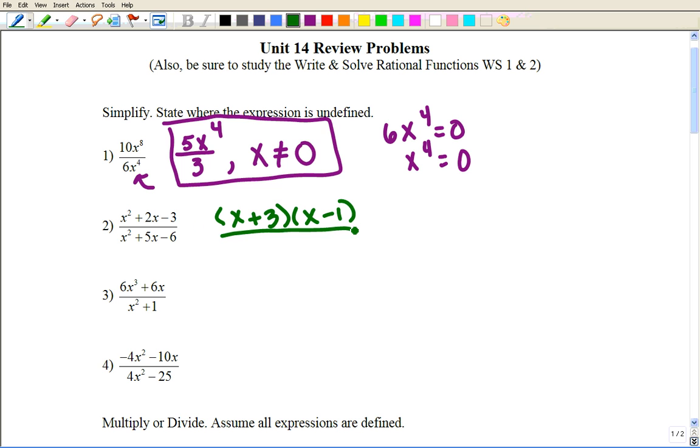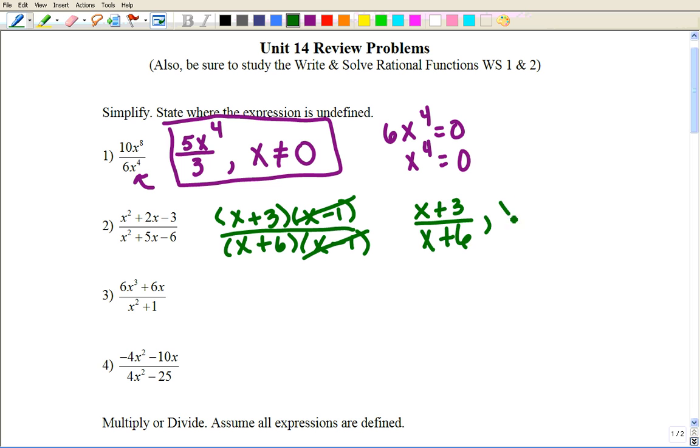And the denominator will factor into x plus 6 and x minus 1. So now we can see whatever matches on the top completely with something that's on the bottom will cancel. So we have x minus 1's cancel out. So then we're left with the x plus 3 over the x plus 6.